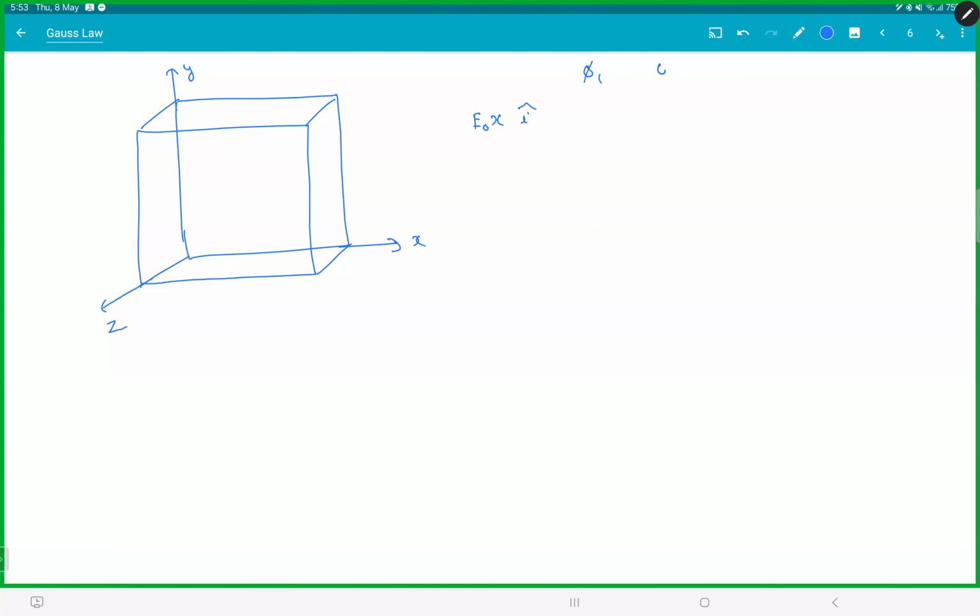Let's take flux 1, flux 2, 3, 4, 5, and 6. So this is 1, 2, 3, 4, 5, and 6. Then I'll take E naught y J cap. Then I'll take E naught z K cap. So I'll find all the 6 fluxes and just add them up.